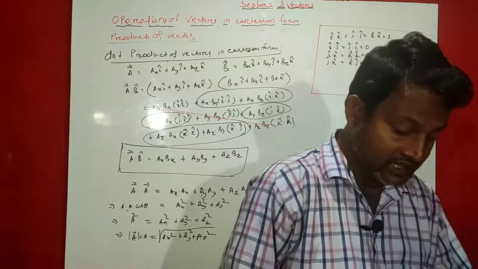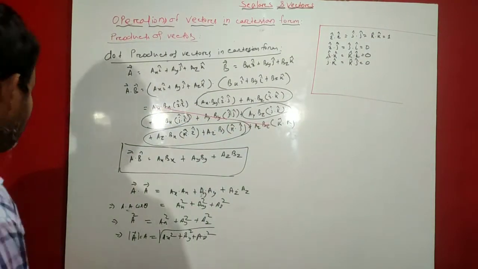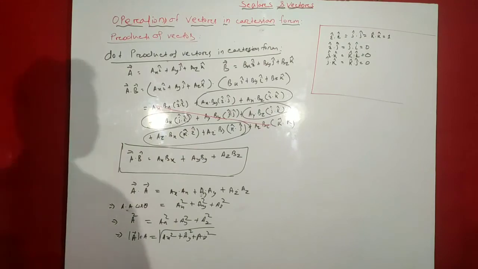So guys, let's take some examples of the dot product of vectors.